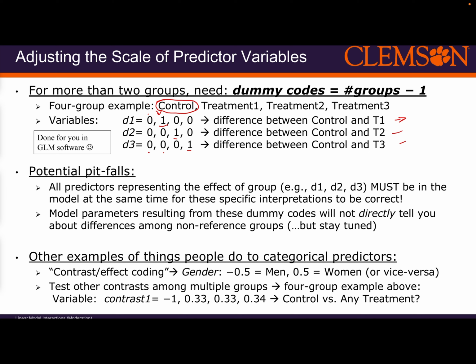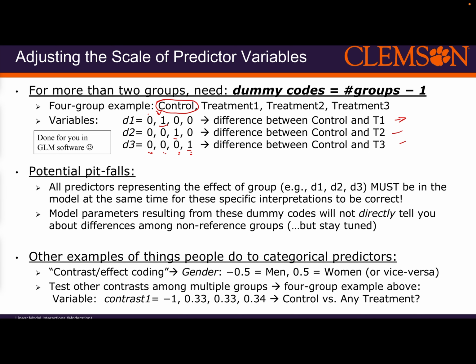And here, this sequence of numbers 0001 refers to which group, starting at control, treatment 1, treatment 2, and treatment 3, respectively. Now, depending on how you enter your variables in your software package, a lot of the time this is done for you, but not always. So we'll talk about that a little bit later too.